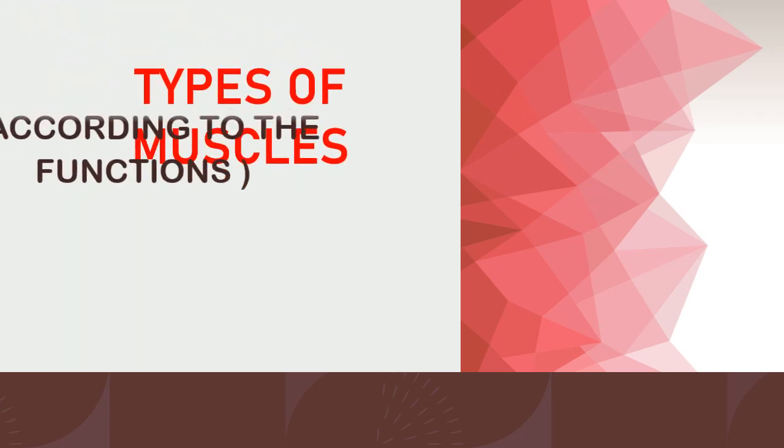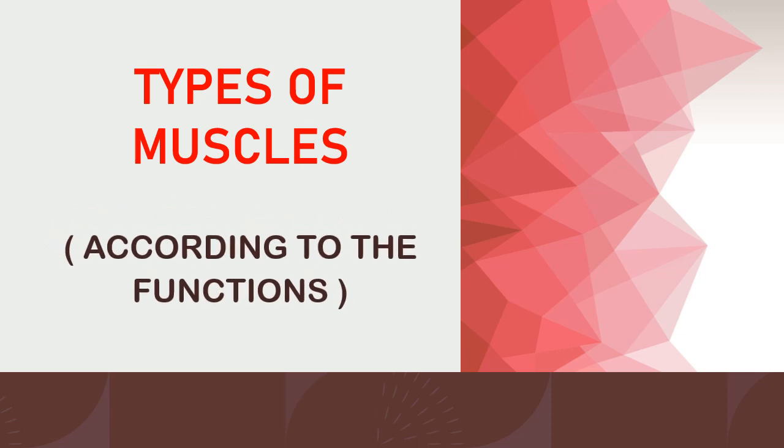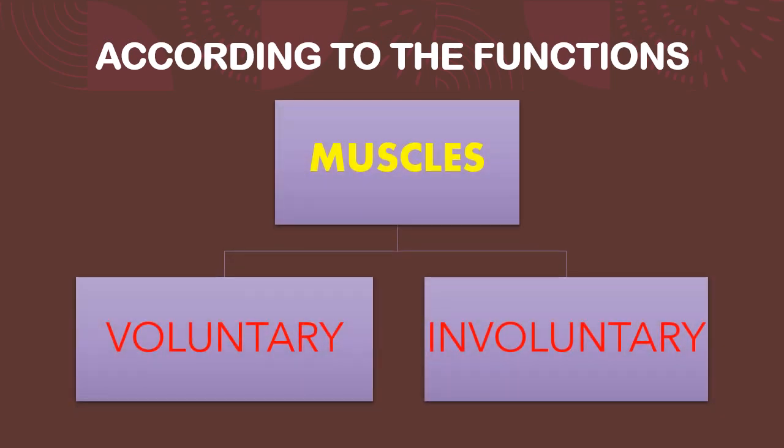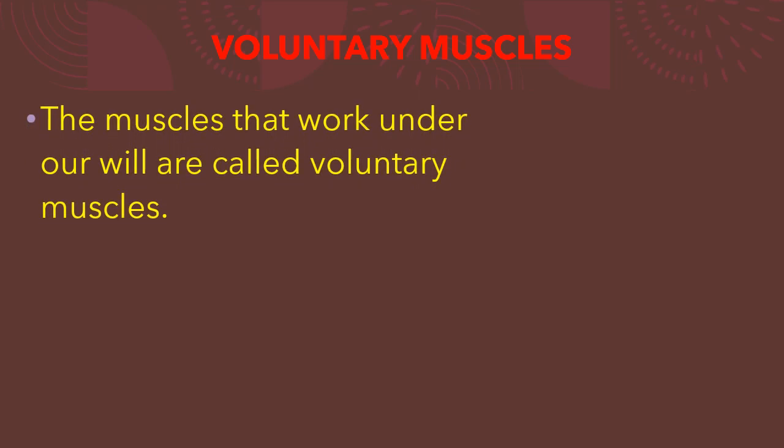Types of muscles according to the functions that they perform in our body. According to the functions, the muscles are classified into two types: voluntary muscles and involuntary muscles. So what are voluntary muscles? Voluntary muscles are those muscles that work under our will.